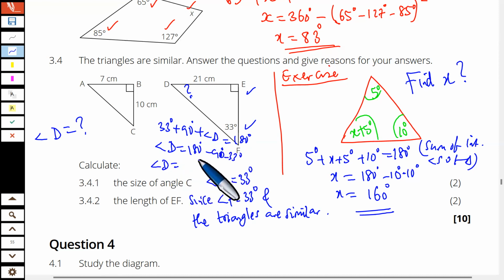What is 180 minus 90? It is 90. 90 minus 33, 90 minus 30 is 60, minus 3 is 57 degrees. Yes. So in other words, angle D is 57 degrees.